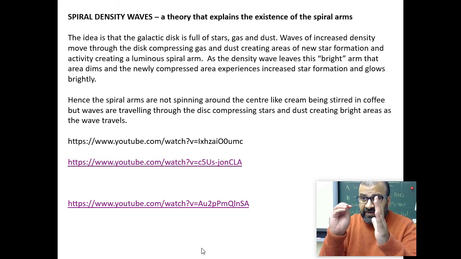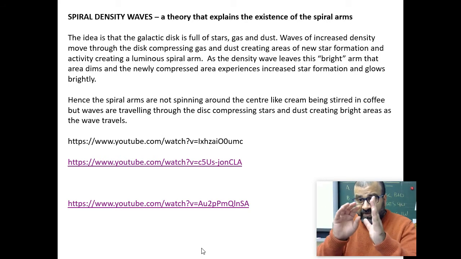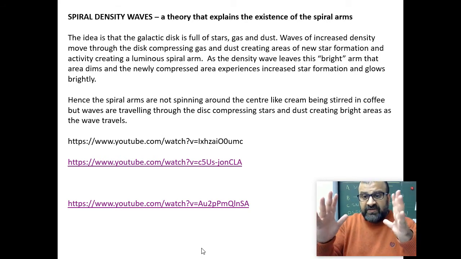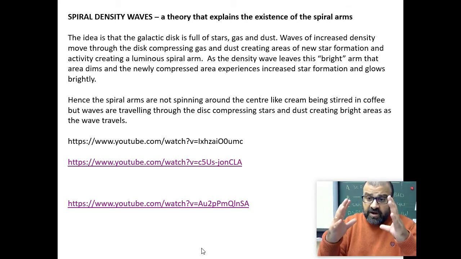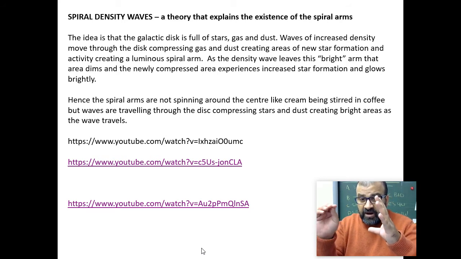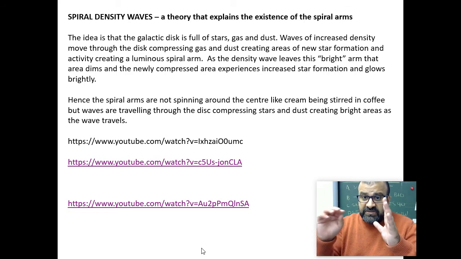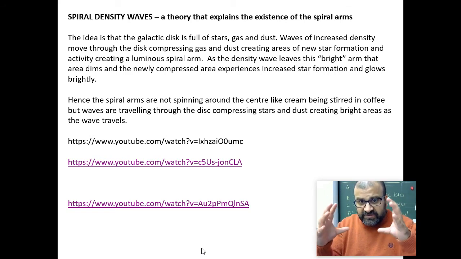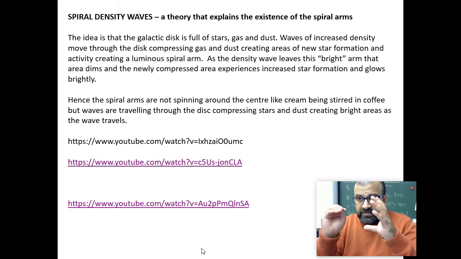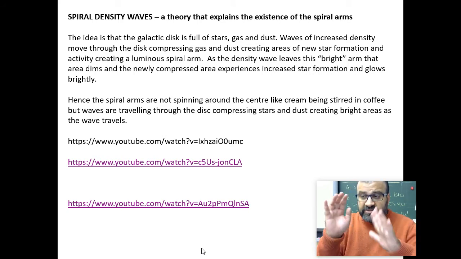So you're always having cars leaving the jam and cars moving into the jam. You have this area where there's a high density of cars, the traffic jam, and cars are leaving and cars are coming in.